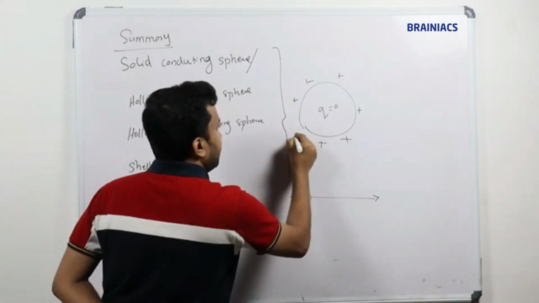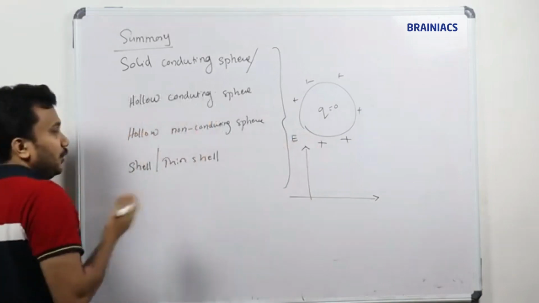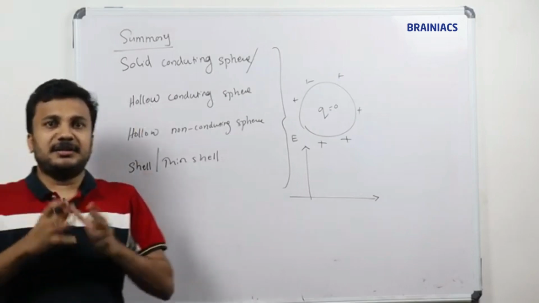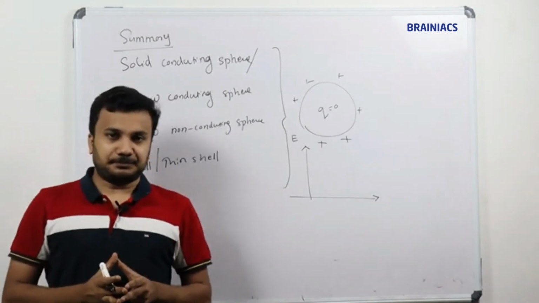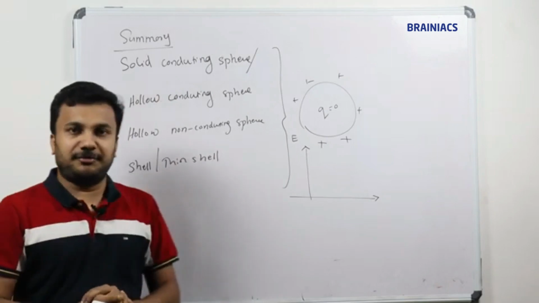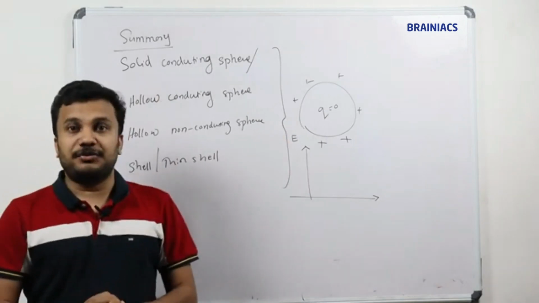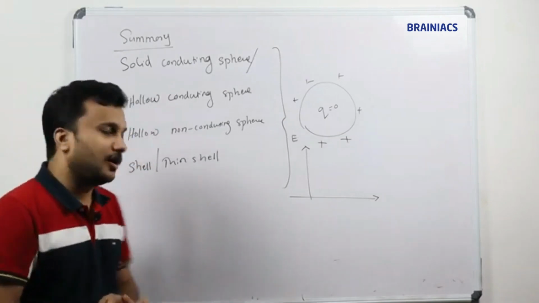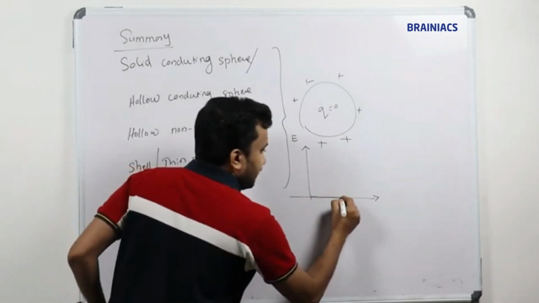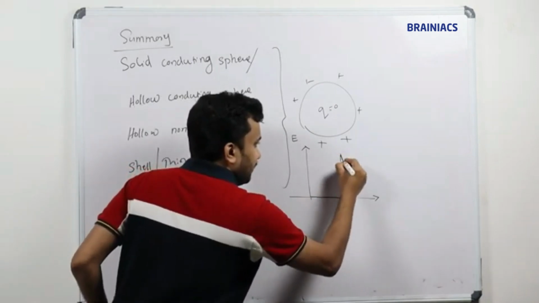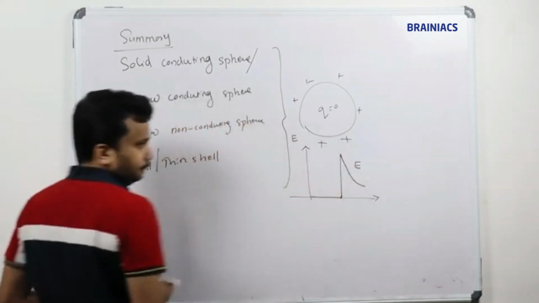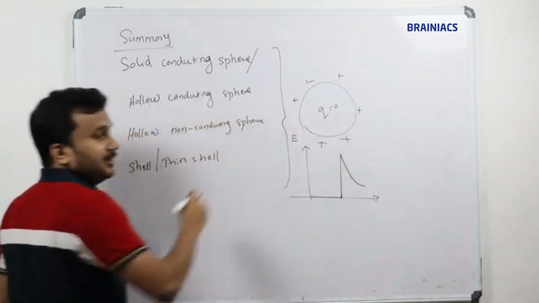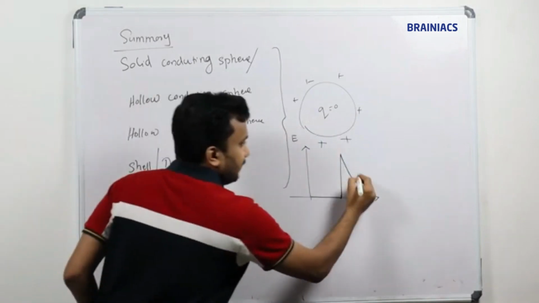The electric field intensity inside this type of material is 0, so we got E in equal to 0, and we have a formula for the surface and a formula for the outside. At the surface we have the electric field, then the electric fields reduce as you go away from the surface.